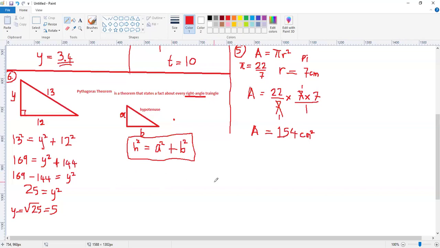By the time your teacher introduces it to you in school, you would have a basic idea. Please take note: Pythagoras theorem only applies to the sides of a right angle triangle, not the angles, okay? So you don't miss anything off at all.